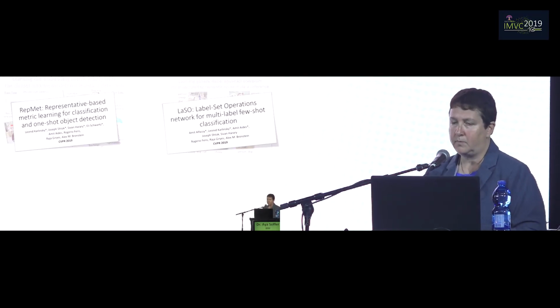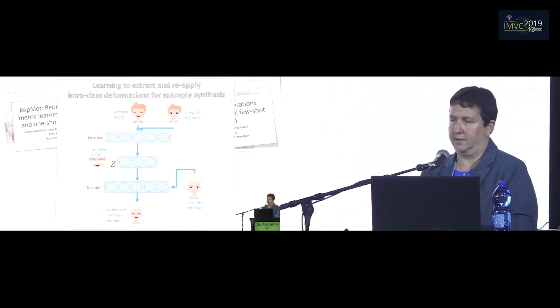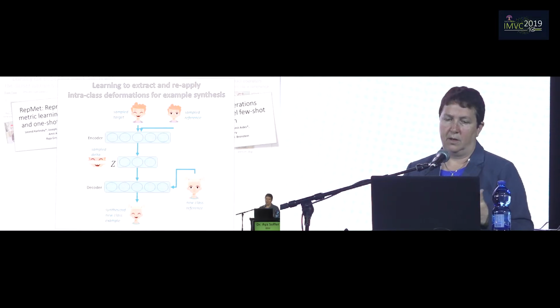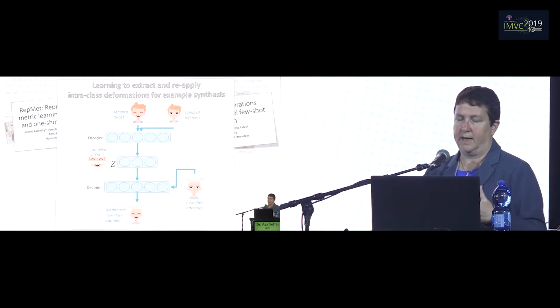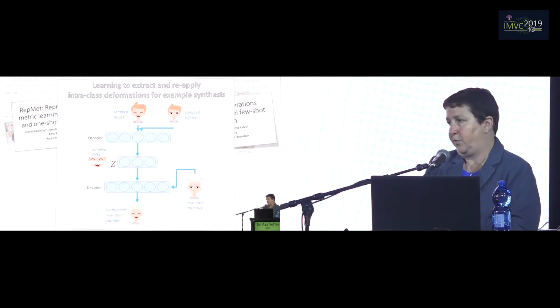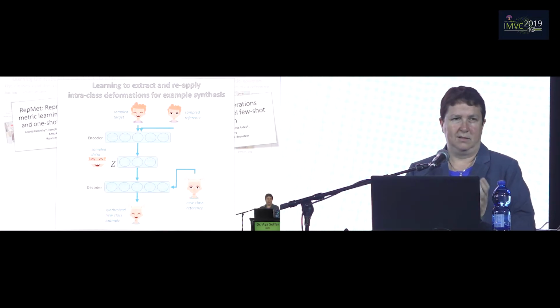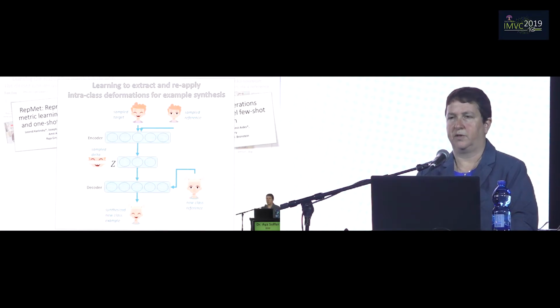And finally, again in the same vein of how we create interesting pictures, this one is called Delta Encoder. We looked at how we can take the few images we have and extract the difference between them, the delta between these images.